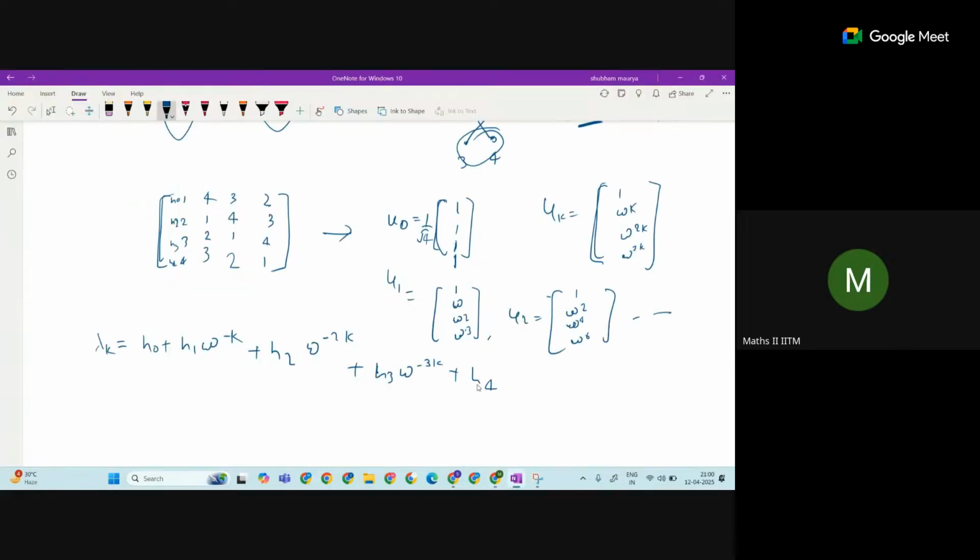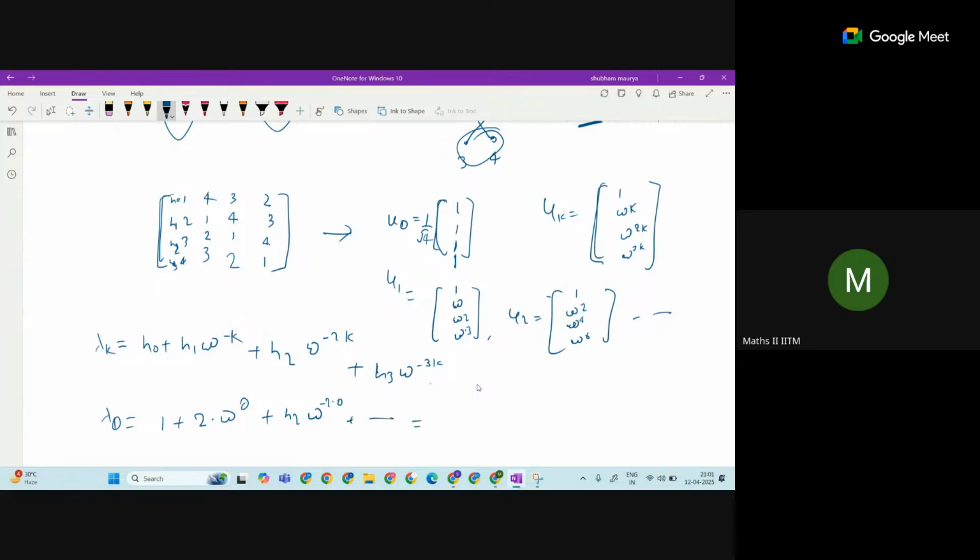Plus h4. Oh, I'm writing down h0, h1, h2, h3 only; till h3 is there. That's all, so 4 terms. So now if you write lambda 0, it is h0 plus h1 times omega power 0, plus h2 omega power 0, plus h3 omega power 0.